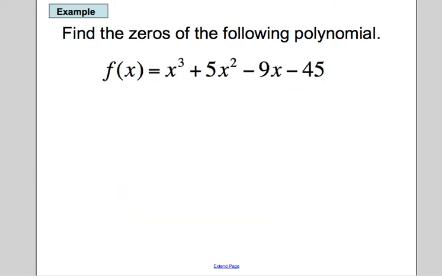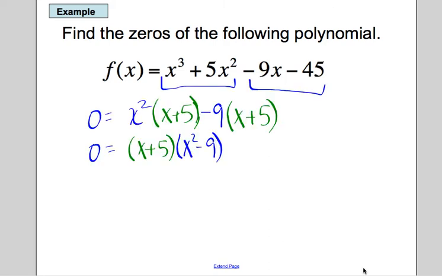Go ahead, pause your video and see if you can factor this one with grouping. Now, hopefully, when you factored this one by grouping, you grouped together the first two terms and pulled out the x squared, and you were left with x plus 5. And when you did that with the second piece and pulled out the -9, you were left with x plus 5.